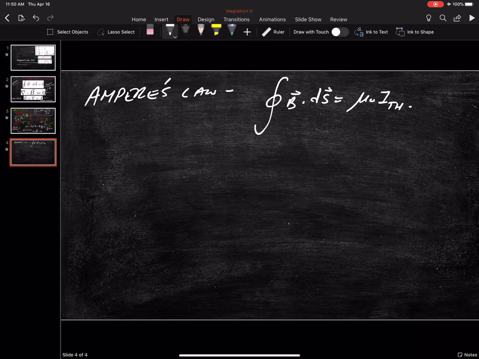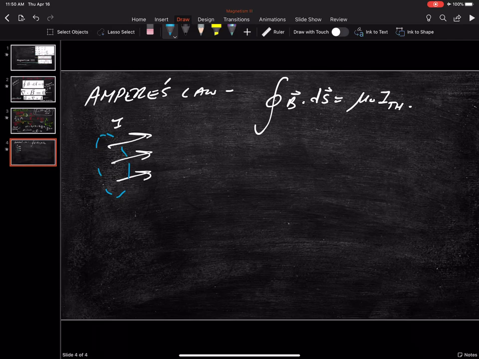And so this says that if you've got some currents moving along, and you imagine drawing a little loop around these things, then the magnetic field integrated around that loop depends only on how much current passes through the loop. Okay, that's the idea.